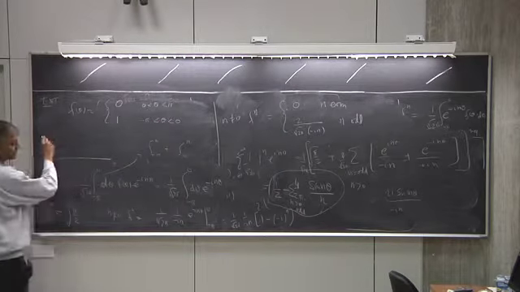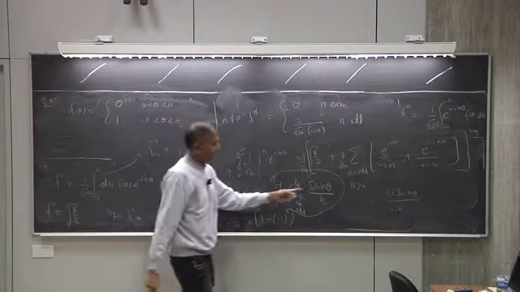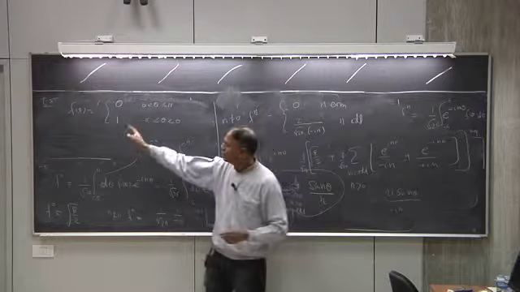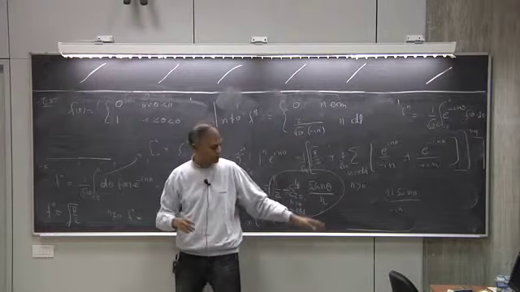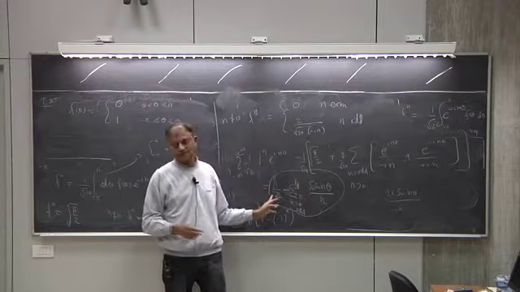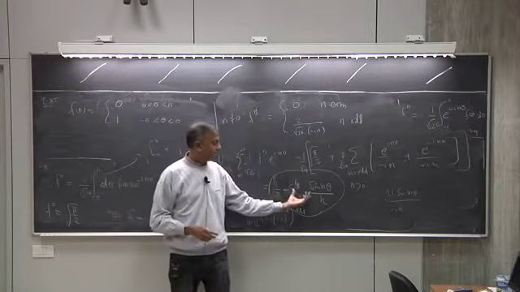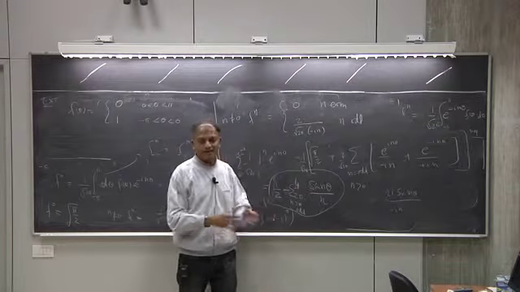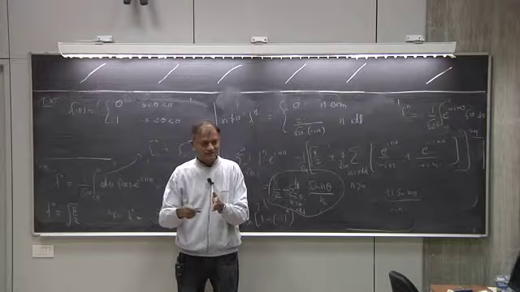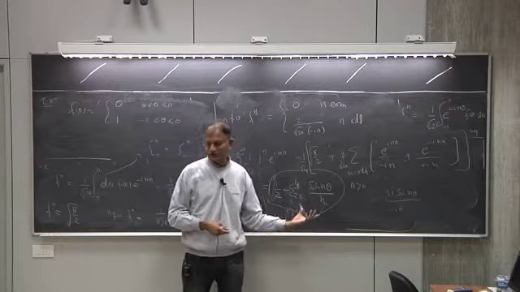Try to sum this series for arbitrary theta. Don't take theta equal to 0 or pi because you don't need to sum that. This sum is 0 anyway. The only thing that survives is 1/2, right? So try it for theta not 0 or pi, but arbitrary, and see if you can sum it up.